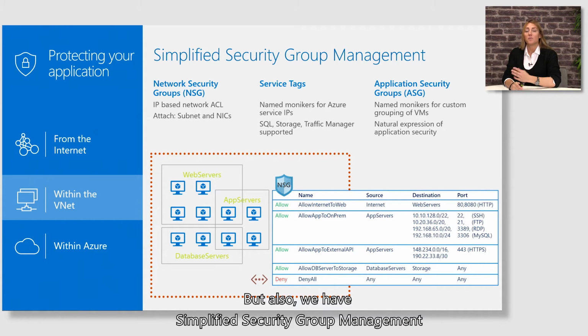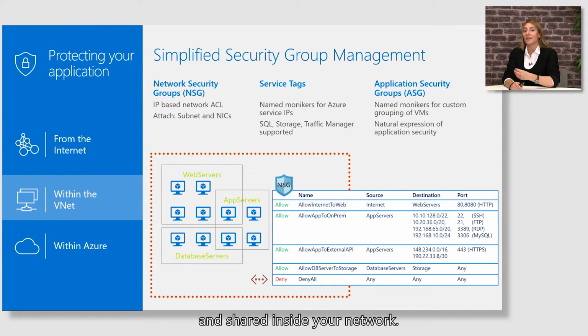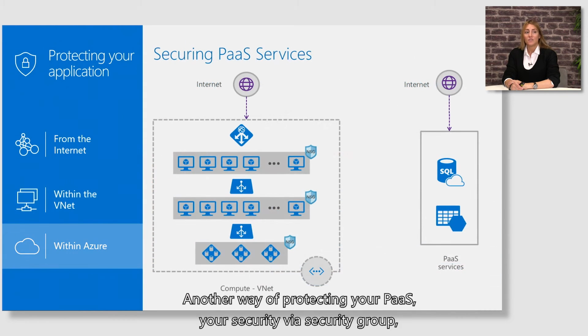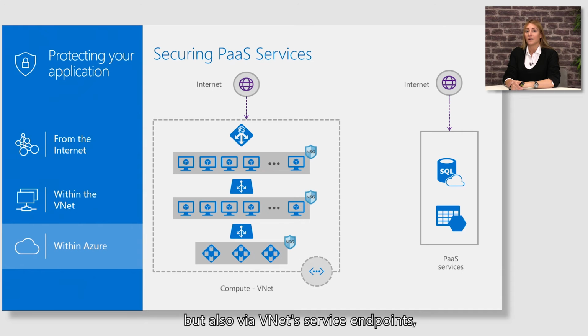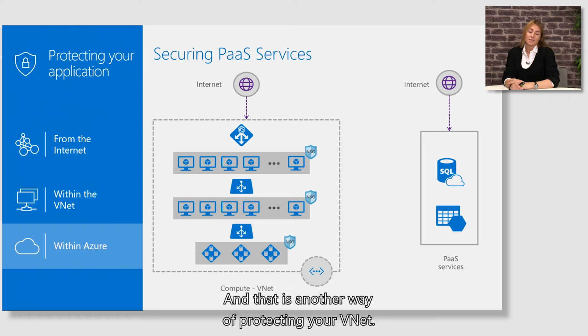We also have simplified security group management, where groups allow all the policy to be isolated and shared inside your network. Another way of protecting your PaaS is via VNet service endpoints, where you access your PaaS services via private IP addresses. That is another way of protecting your VNet.